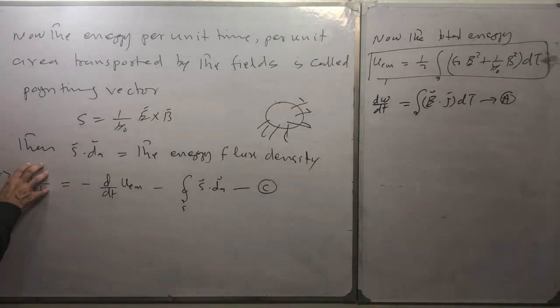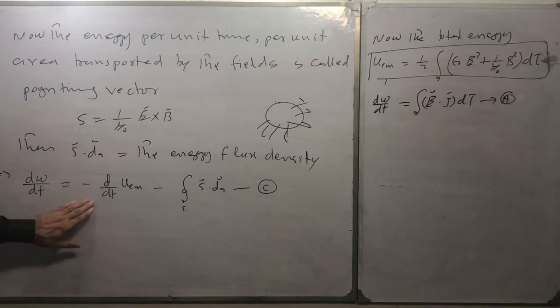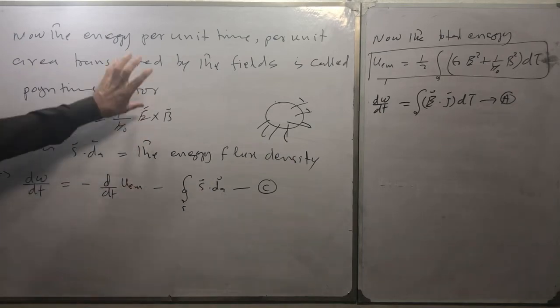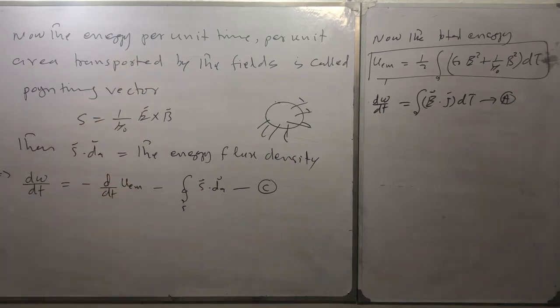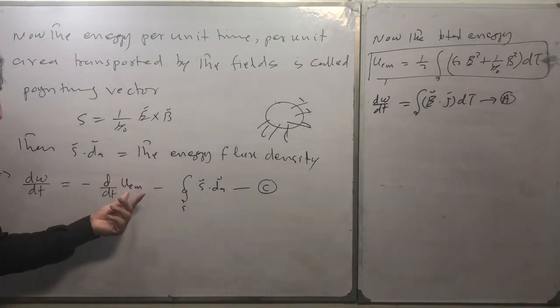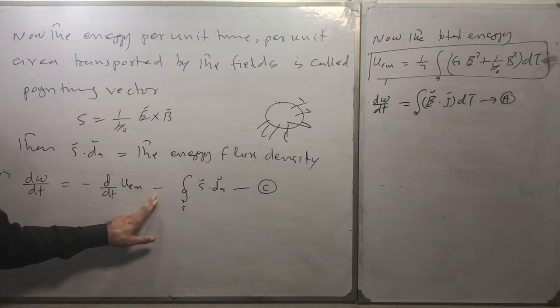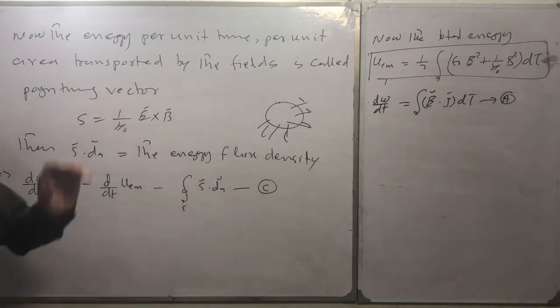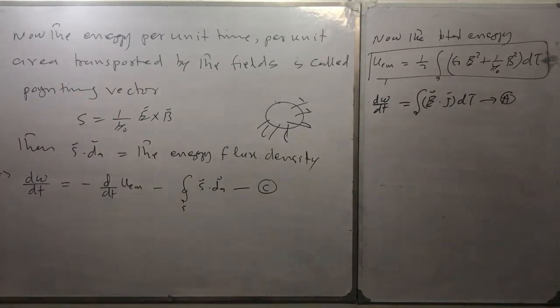And the final equation for the Poynting theorem: dW divided by dt equals the derivative of UEM, the electromagnetic energy, minus the integral of S dot dA. So this is equation number C.